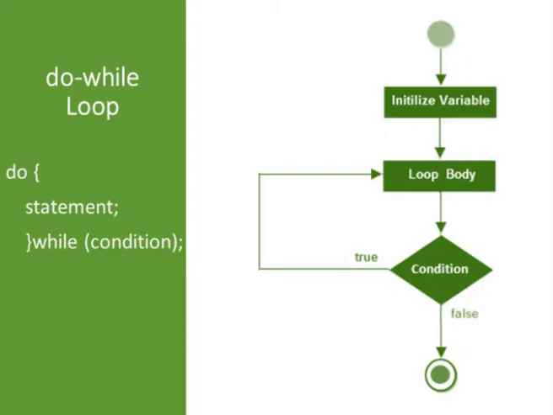If the condition is true, then the body of the loop will execute again. The condition is checked again, and the body of the loop executes again if the condition is still true. When the condition becomes false, the loop will not execute anymore and the execution resumes after the do while loop.